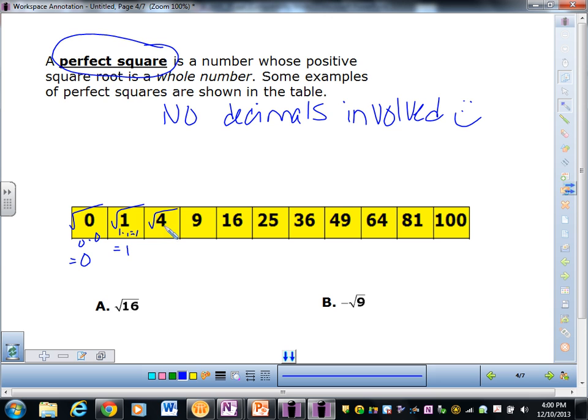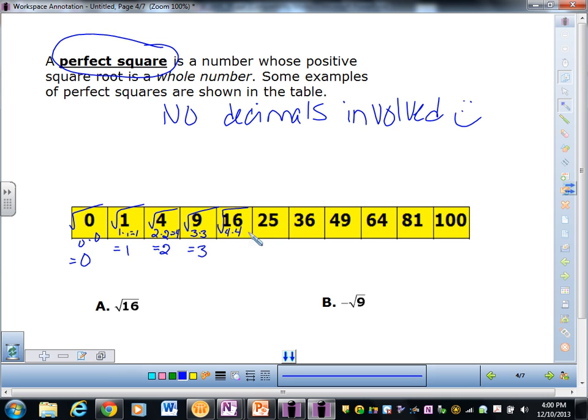Okay, so the square root of 4, well, what times itself equals 4? We know that 2 times 2 equals 4, so the square root of 4 equals 2. The square root of 9 we have here. What times itself equals 9? 3 times 3 equals 9, so the square root of 9 is 3. Square root of 16, what times itself equals 16?